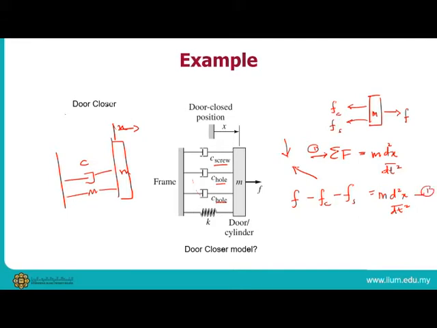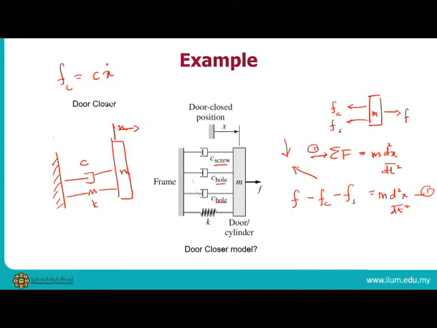And then from the damper and the spring, you have k. For the damper, fc equals c x dot. Why is there no x1 minus x2?